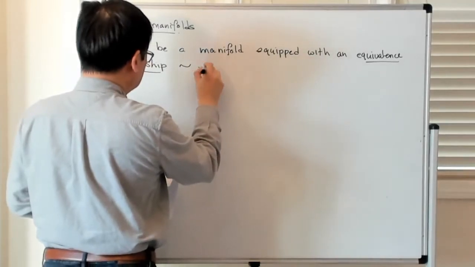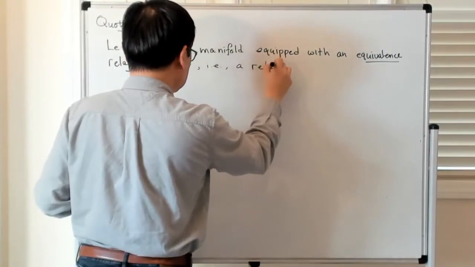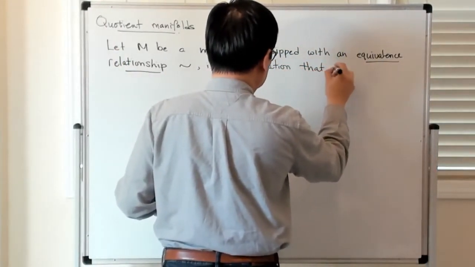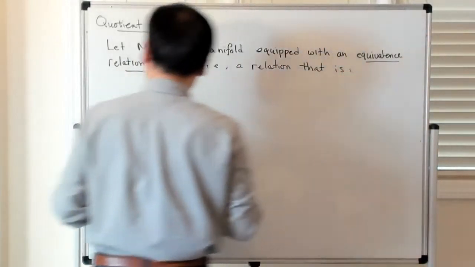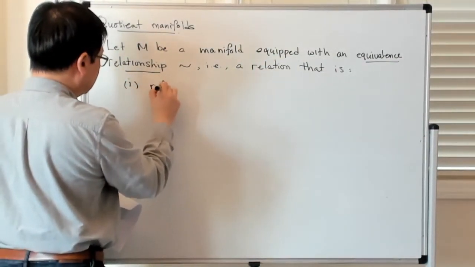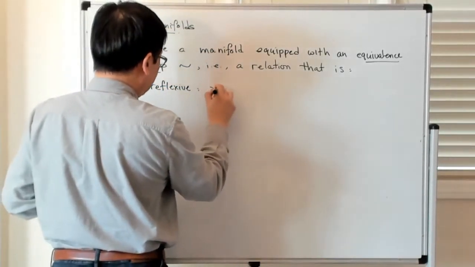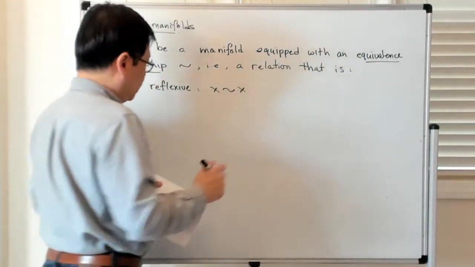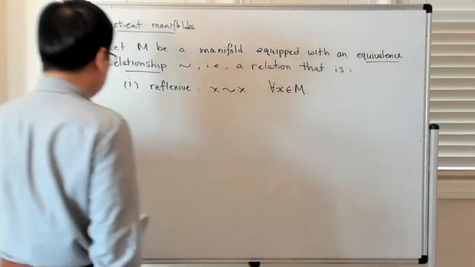This is a relationship that has the following properties. The first thing is that it's reflexive. That means that X is equivalent to itself, for all X in the manifold.